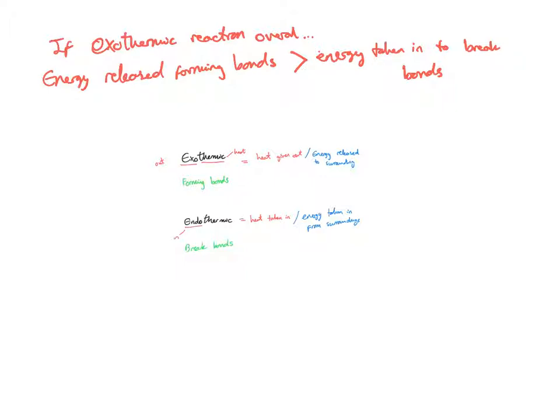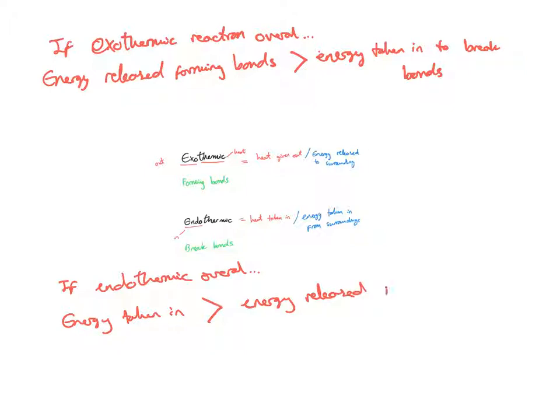And the opposite, if it's endothermic overall, it means that the energy taken in to break the bonds in the first place is greater than the energy released forming bonds.